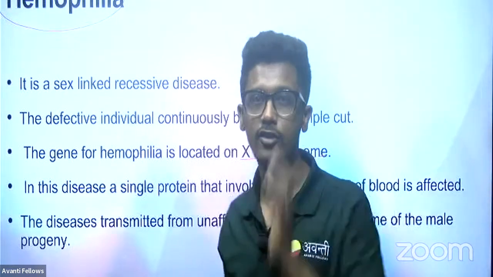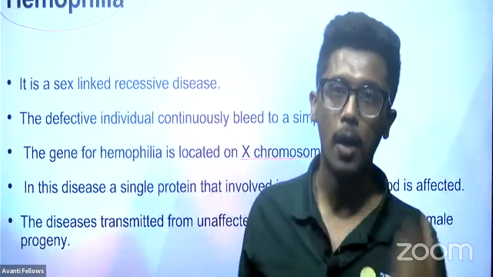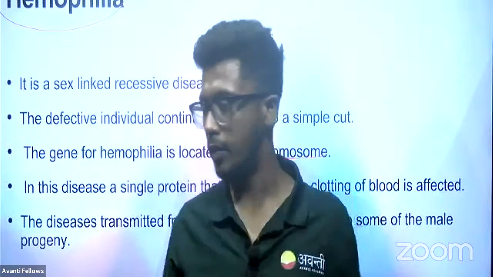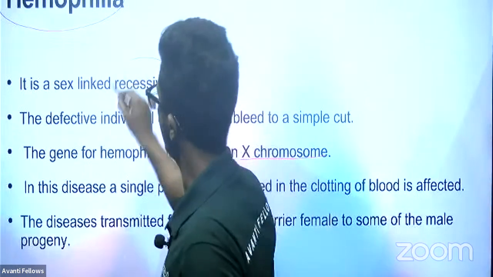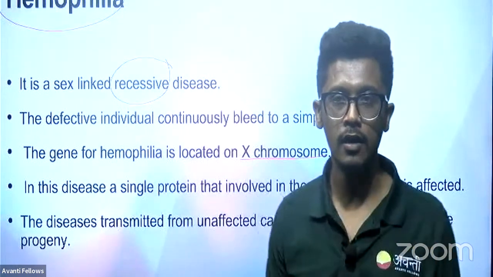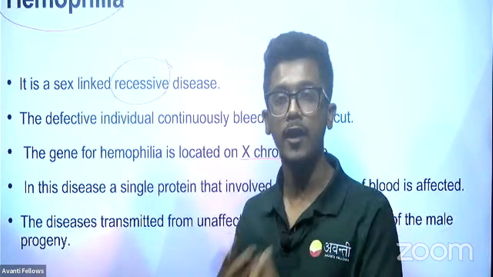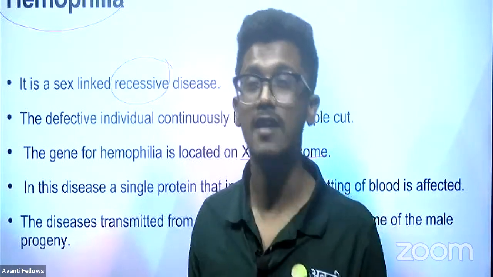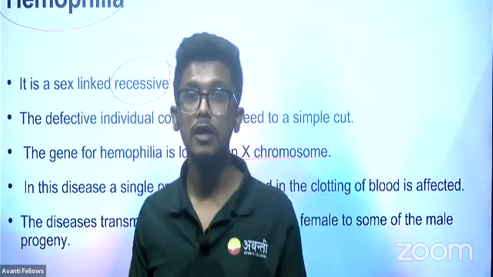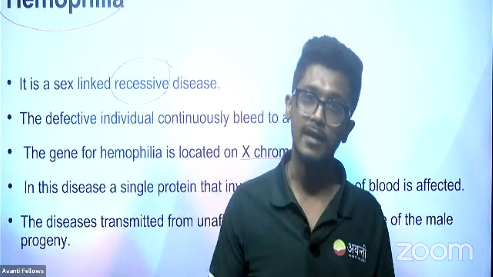When I talk about the nature of the gene, either it has to be a dominant gene or a recessive gene. Correct, no? So this particular gene is a recessive gene. So what is the meaning of recessive gene? That means in order for it to express, it has to be in the homozygous recessive state. That means both the chromosomes should carry the affected gene.